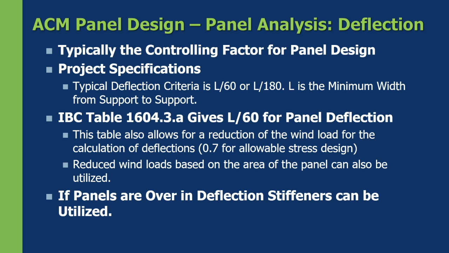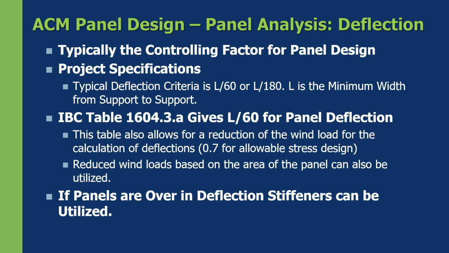And what that means is you take your least width of a panel and divide that by the number below. So for a 60-inch panel, let's say a 5-foot wide panel, you're going to get a deflection limit of 1 inch if you're using L/60. However, if your deflection criteria in the project specifications is L/180, you're going to get 1/3 of an inch, 60/180.